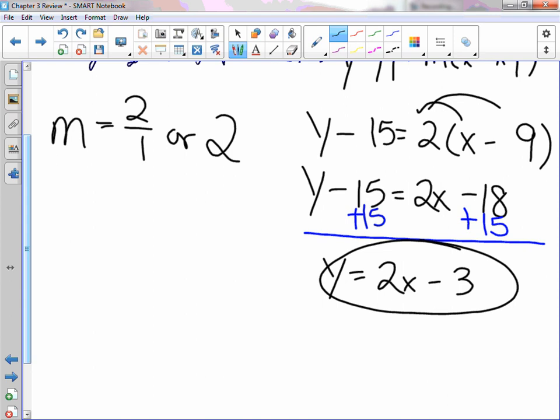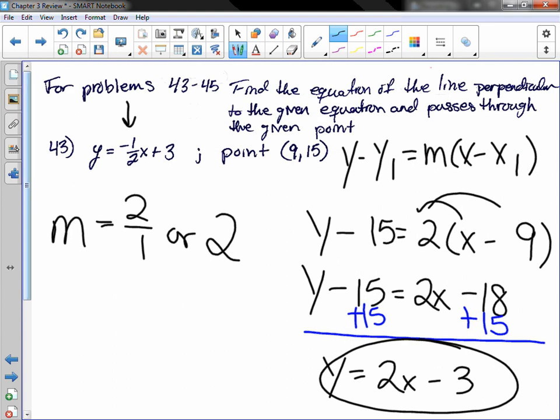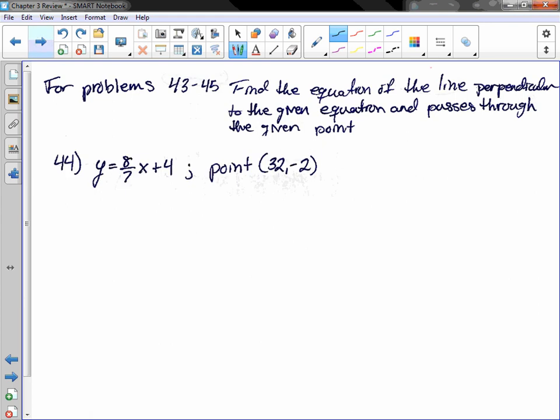Do we have any questions on 43 through 45? Any questions on 44? So positive 8 over 7, Nancy, the perpendicular equation, it is also positive 7 over 8 rather than negative 7 over 8.